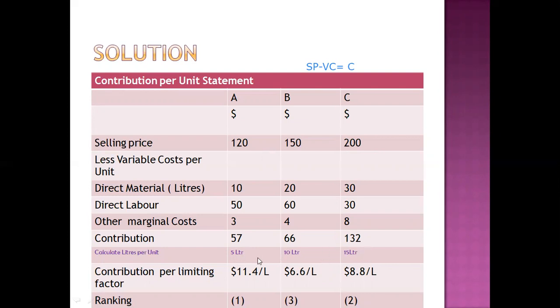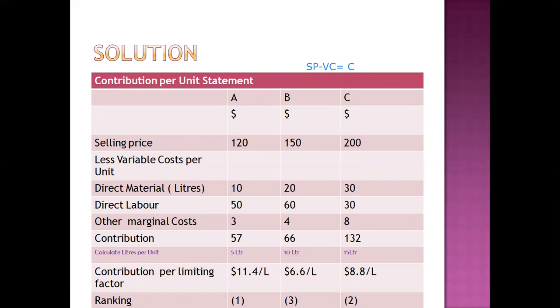Then you divide. You are going to say 57 divided by 5, I got $11.40 per liter. So each liter that we buy for A is contributing $11.40. Then you determine again for the other one, 66 divided by 10.